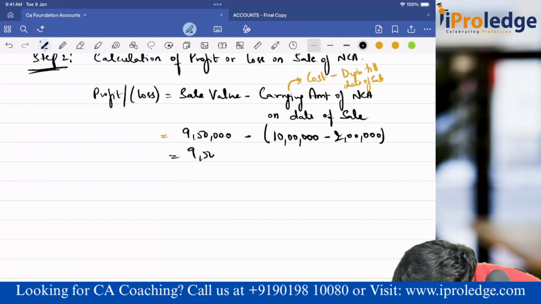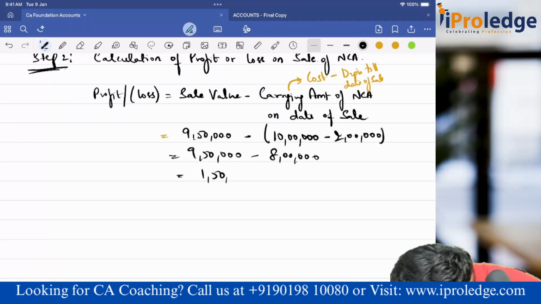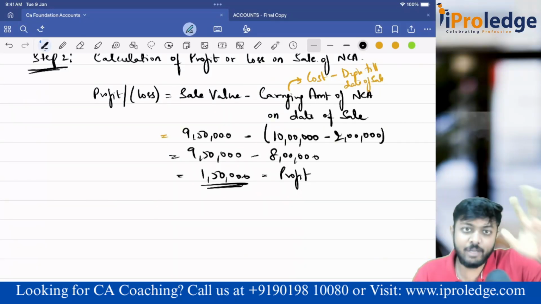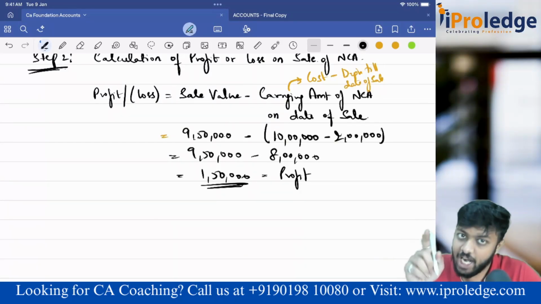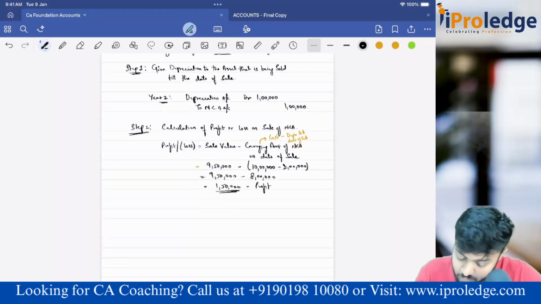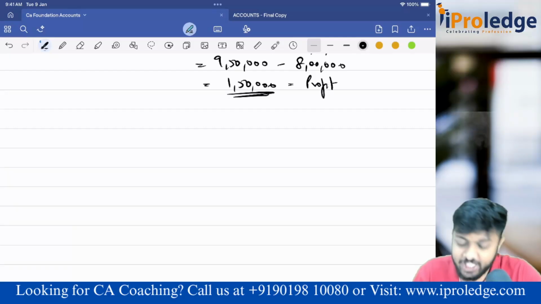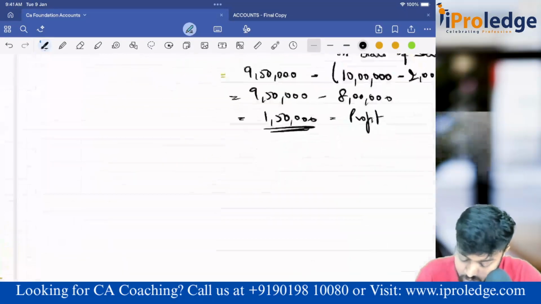So 9 lakh 50,000 minus 8 lakh. That means 1 lakh 50,000 is profit. Okay. Guys, first focus on the steps. How to post it in ledger, I will tell you. However, in depreciation, your journal entries are not expected. Directly ledgers are expected. So we'll see the ledger postings also.